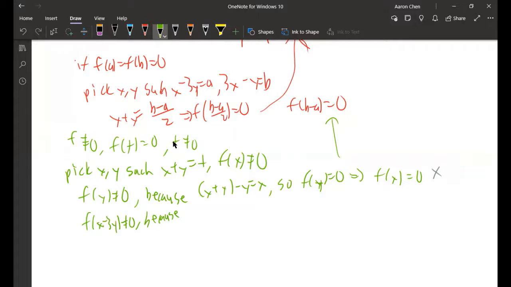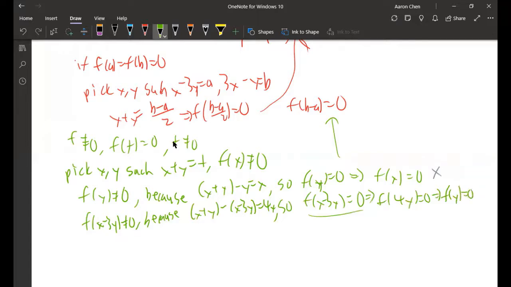If f of x minus 3y is not equal to 0, we can show this because x plus y minus x minus 3y is equal to 4y. And so that means that if f of x minus 3y is equal to 0, then that implies that f of 4y is equal to 0. So that implies that f of y is equal to 0. And once again, this is false because of the line of arguments.